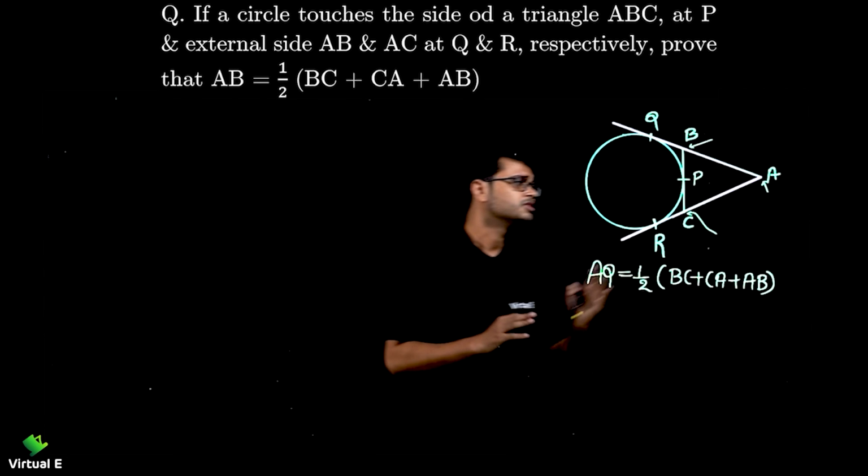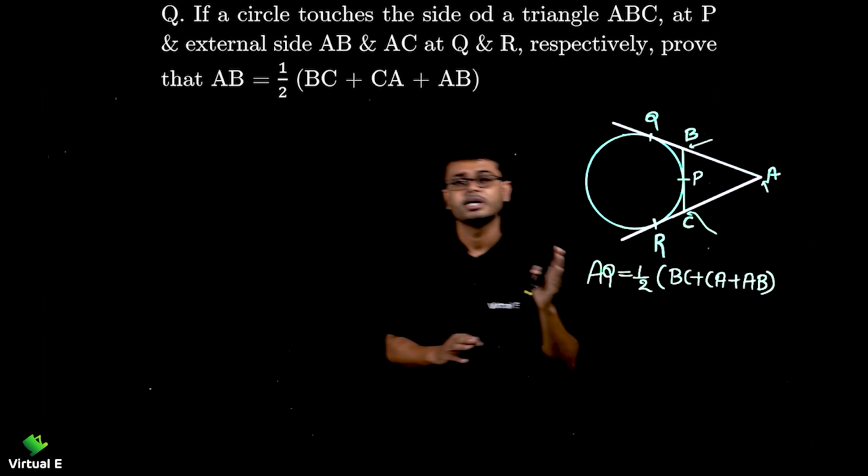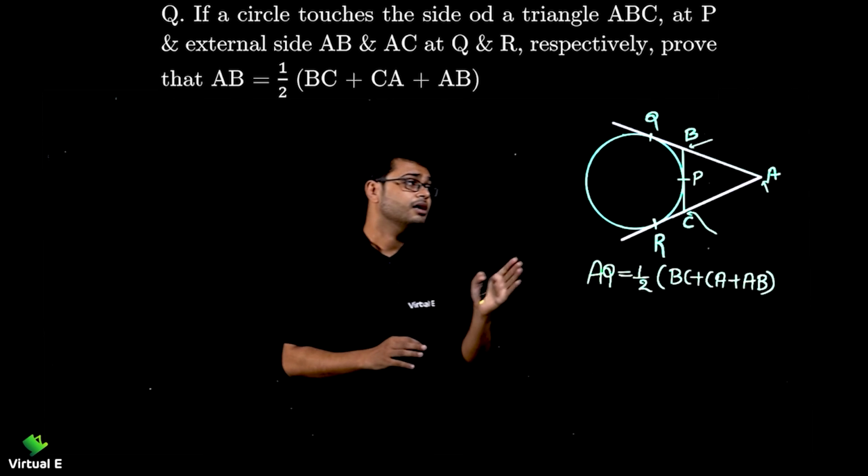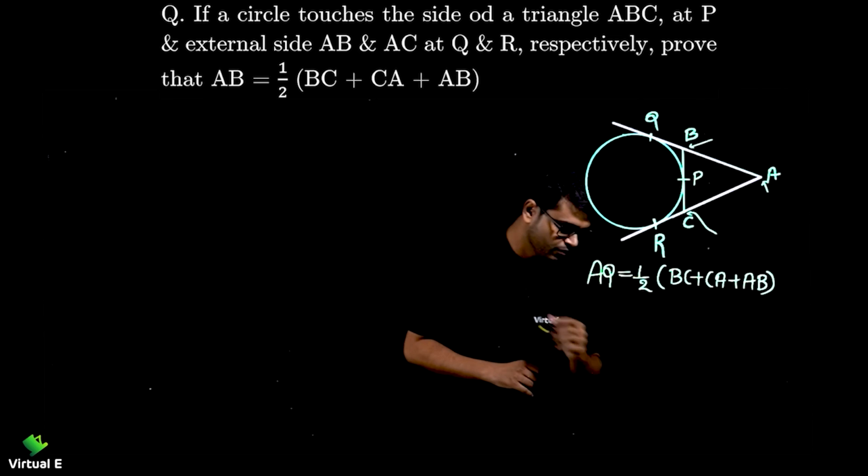Now from the external point to the circle, what do we get? Tangents, right? And we also know the theorem: tangents from the external point to the circle are equal in length.